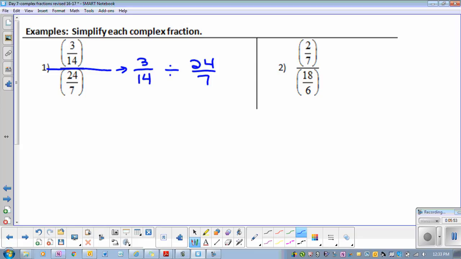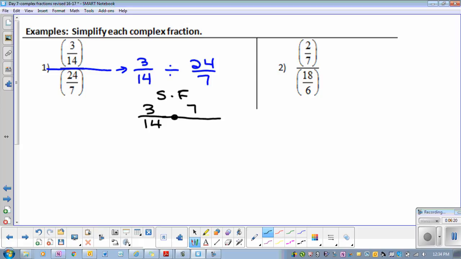But when you have a division problem, you're not really dividing. What are you doing? Yeah, same times flipped. You're keeping the first one the same, so 3 over 14. And you're changing your division to a times. And then what do you do with the second fraction? You flip it.